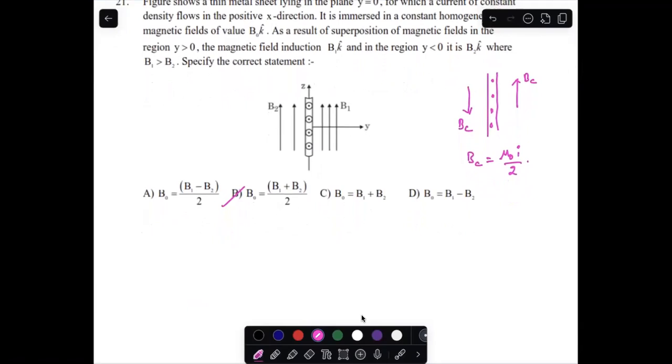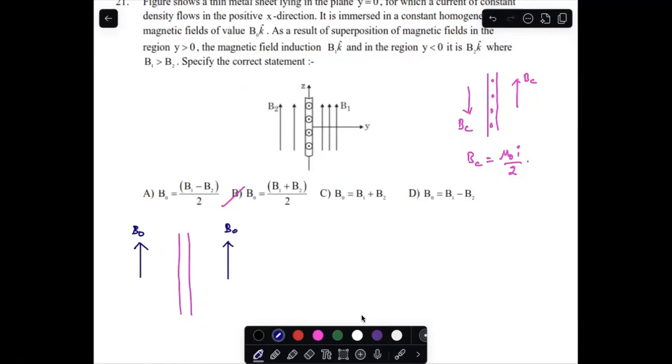Means, if this is the conductor, already you have fields like this, B naught, B naught.